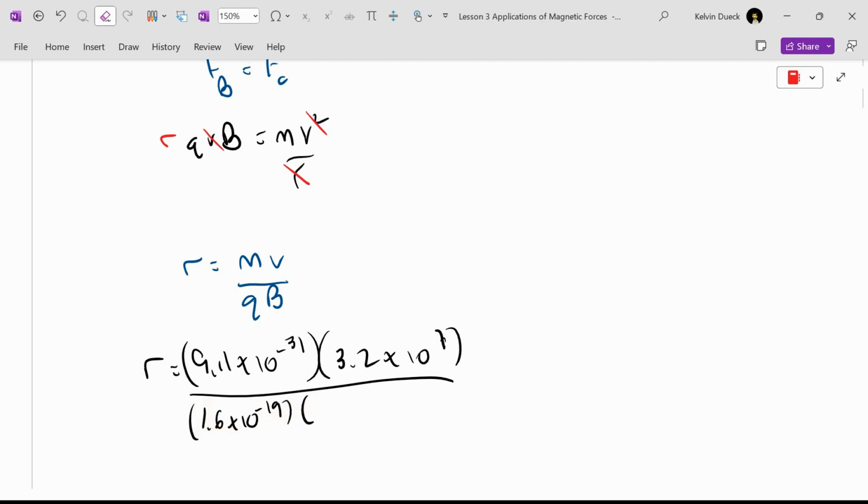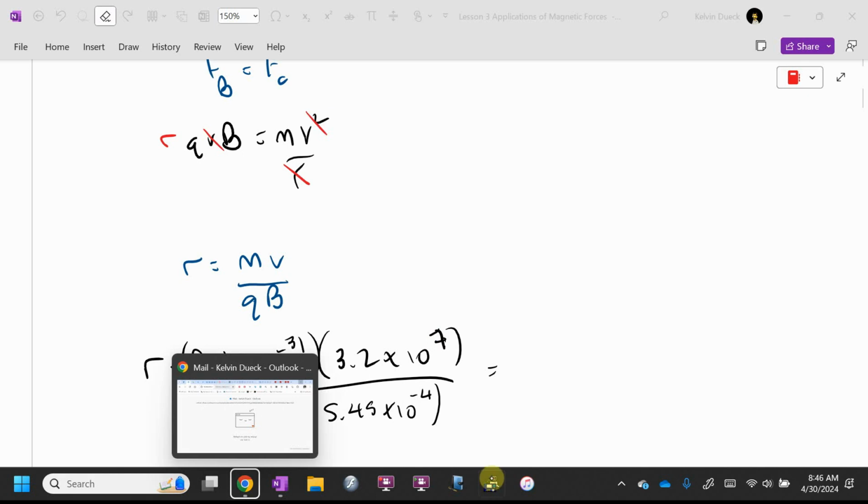Magnetic field B, what was that? The question told me, but I can't remember. Times 10 to the negative what? Good. What radius will this electron trace out? Good question.